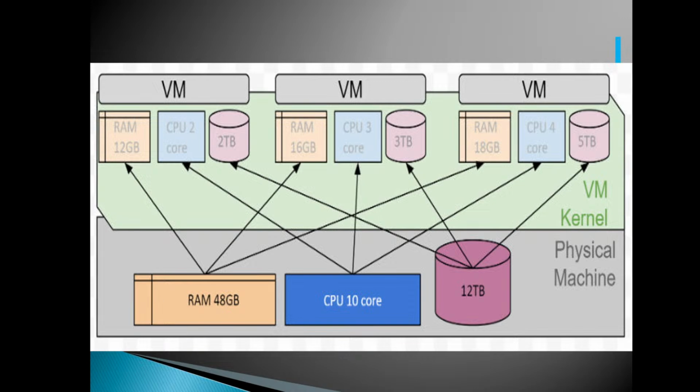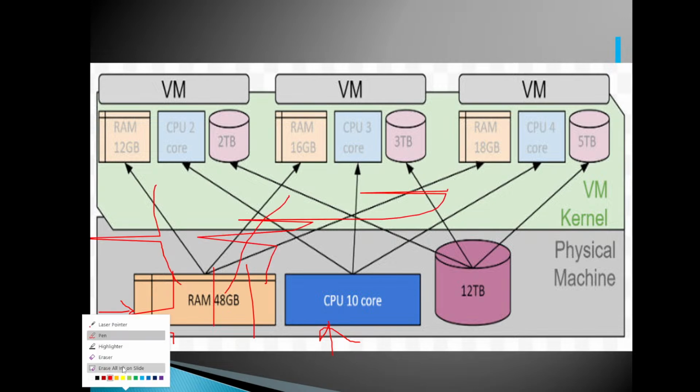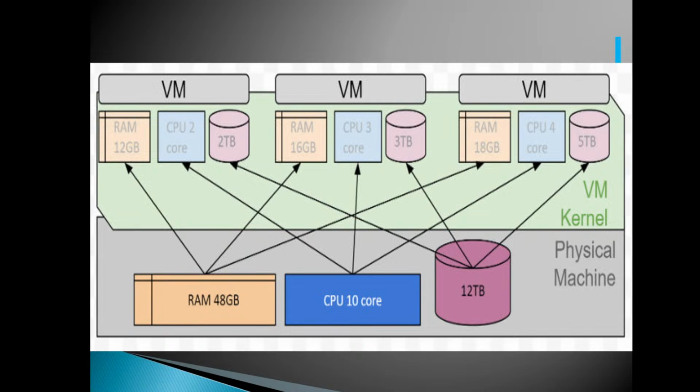So there will be an actual 48 GB physical server, physical RAM and a physical CPU. What Amazon does is split this RAM and CPU into small parts virtually and allocate it to different users. Okay, this is how Amazon provides you the server.